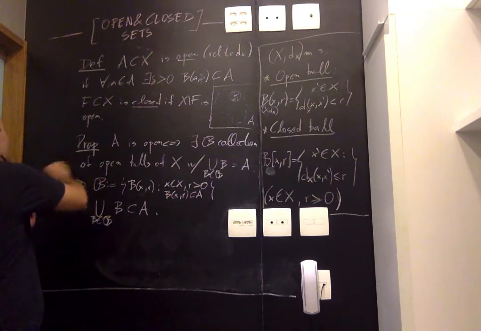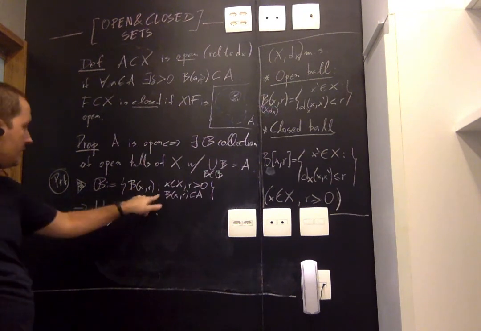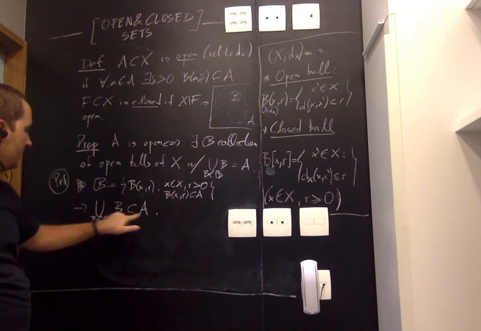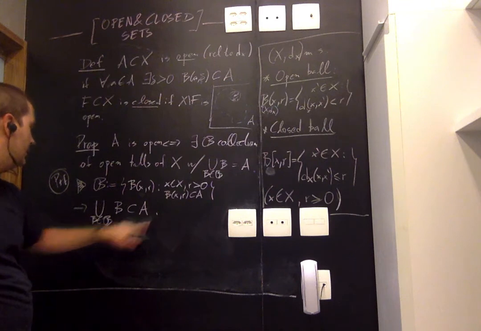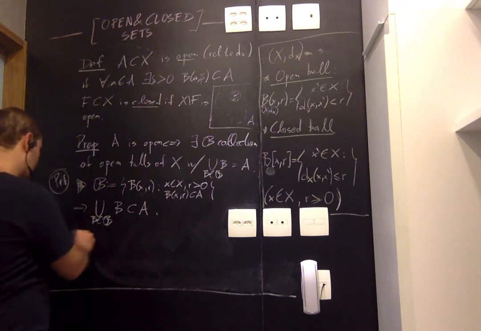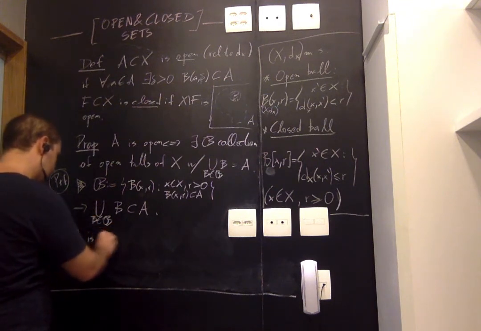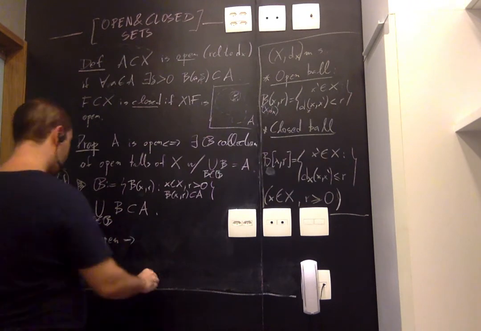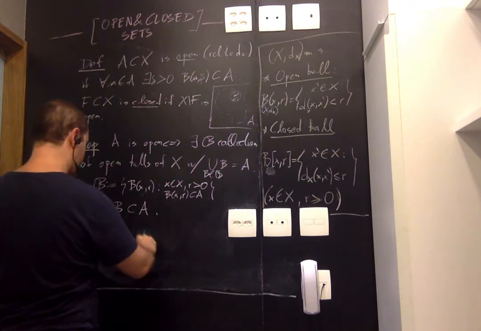This is a preliminary step: take this collection of open balls, and the union is contained in A. Let me observe that if A is open, then this has to be an equality.